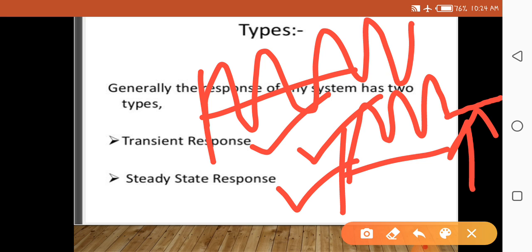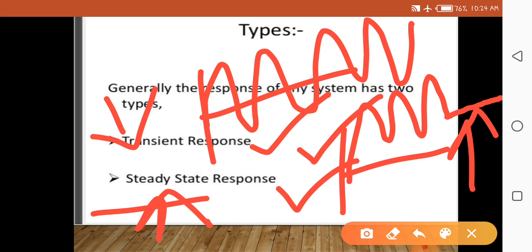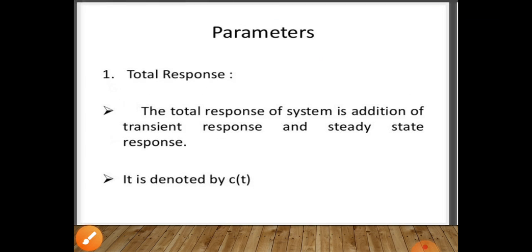Transient response reveals the nature of the response, and steady state response reveals the accuracy of the control system. So these are the parameters for time response.